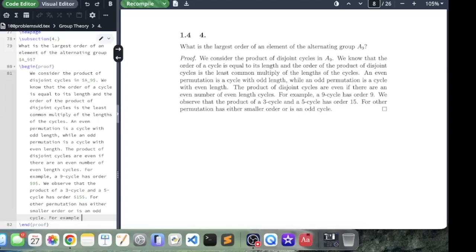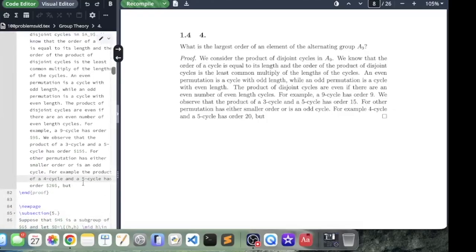So, for example, a 4 cycle and a 5 cycle has order 20, but a 4 cycle is odd and a 5 cycle is even, so we have an odd number of even length cycles there. So this is odd. The product of a 4 cycle and a 5 cycle has order 20, but is odd, so it is not in A9.